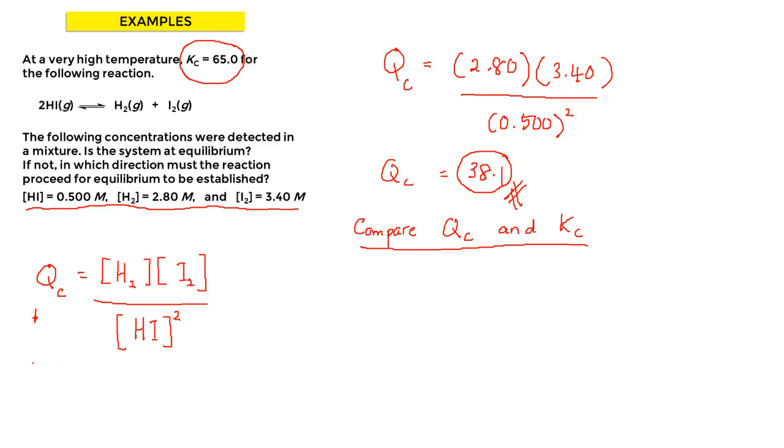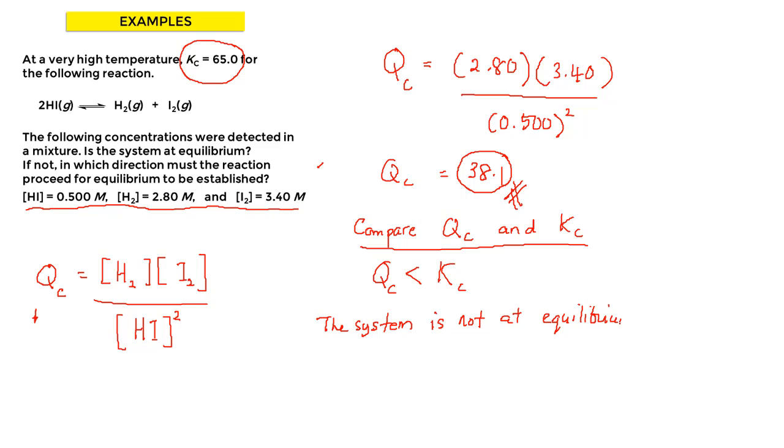So what is the comparison? Qc is smaller than Kc. If Qc equals Kc, the system is at equilibrium, but here it is not. Therefore, write: the system is not at equilibrium.